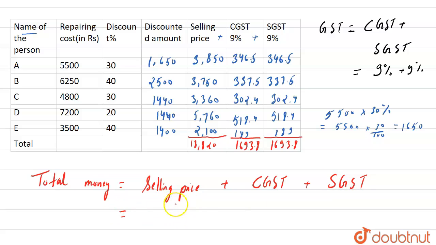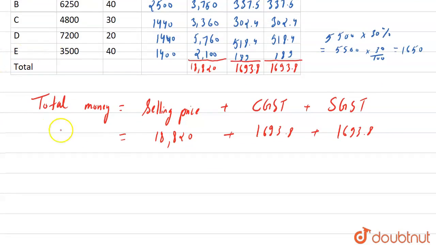Now if we calculate, then we found 18,820 plus 1,693.8, and this is 1,693.8. So now after addition of these quantities, we get our total money in rupees as 22,207.6. So this is our final answer.